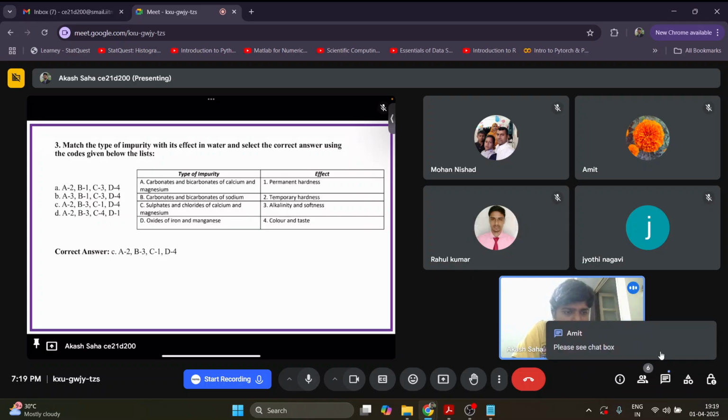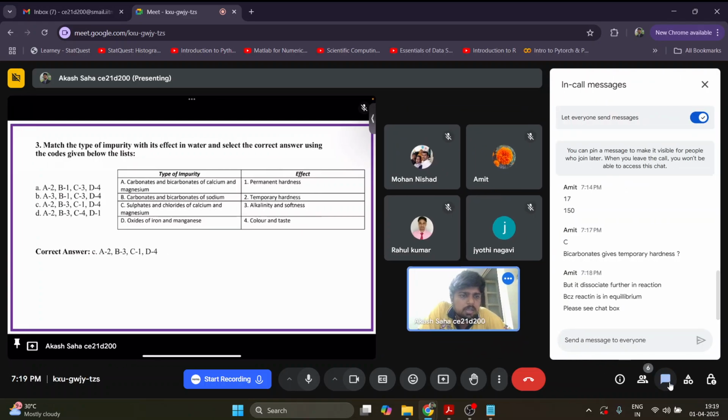Oh, Amit, okay, you are saying something. Yes, Amit, bicarbonates will give us temporary hardness only. What is the issue here? Because it dissociates further in the reaction, because the reaction is in equilibrium. What is your problem here?